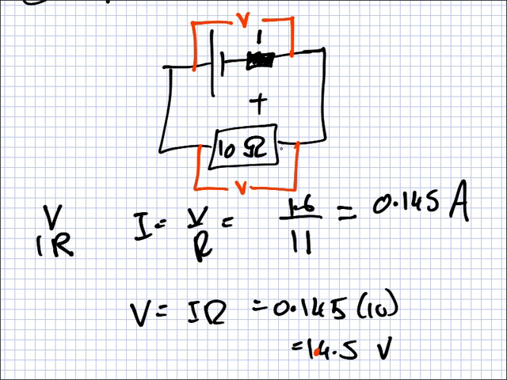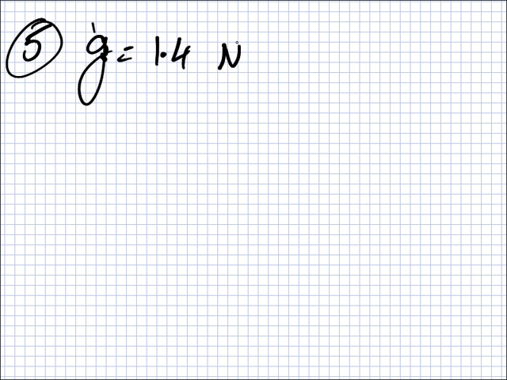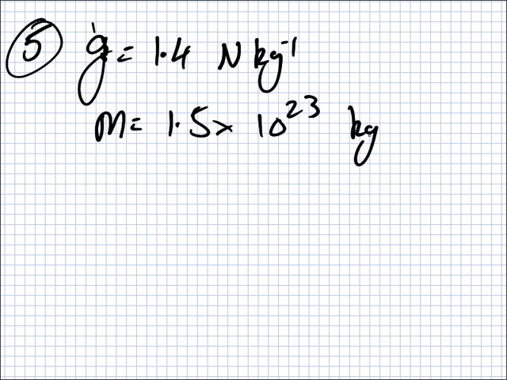Kim, number 5. On the surface of one of the moons of Jupiter, the field strength is 1.4 newtons per kilogram, and the moon has a mass of 1.5 times 10 to the power 23 kilograms. Determine the radius of the moon.